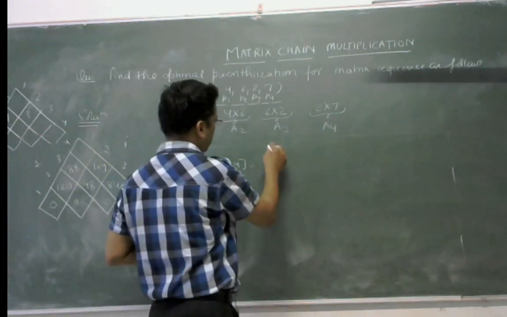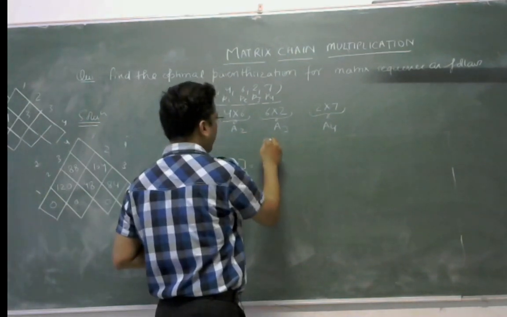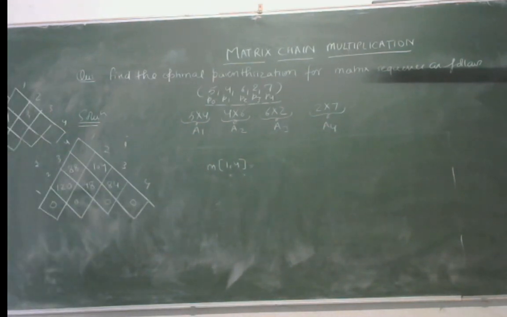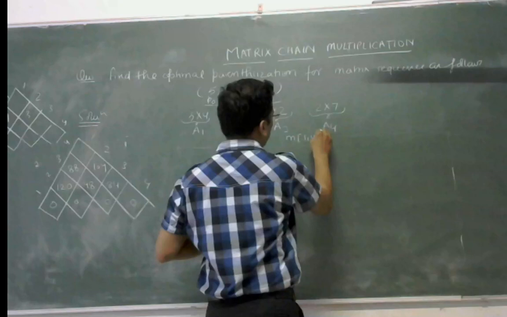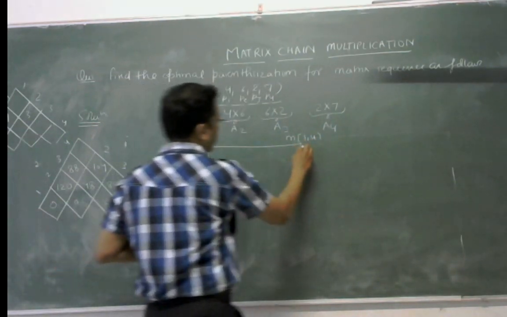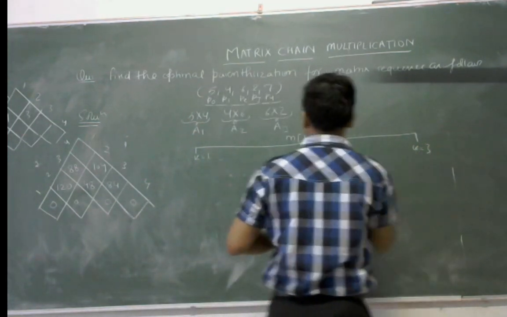There will be a little more computation for k equals 1. So I am dividing this portion of the blackboard into 3 halves, for M14, for k equals 1, for k equals 2 and for k equals 3.